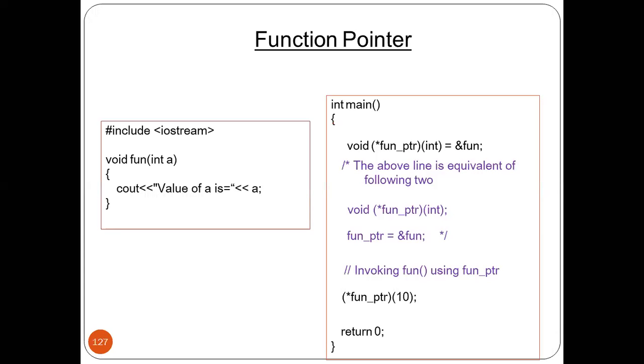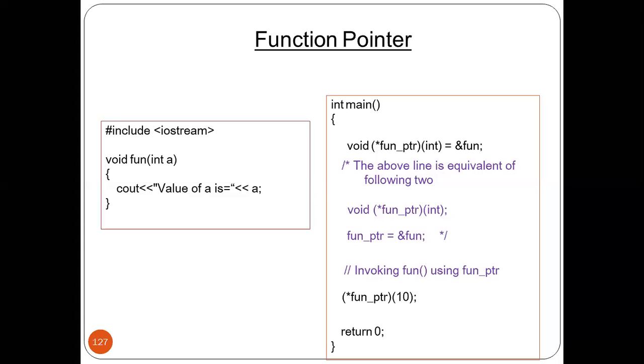To take an example, we have one user defined function called fun, with some value which we will pass to it. Now here we have included two parts, which have the same meaning; it is just including it in two lines.